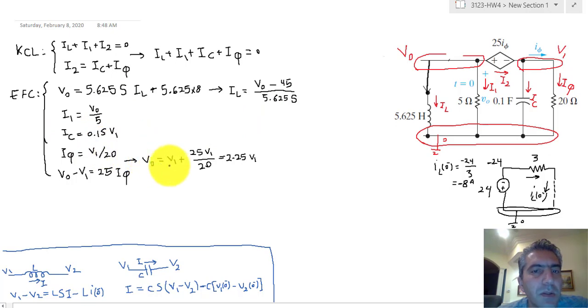Okay, so now I can write the equation up here all as a function of V out.